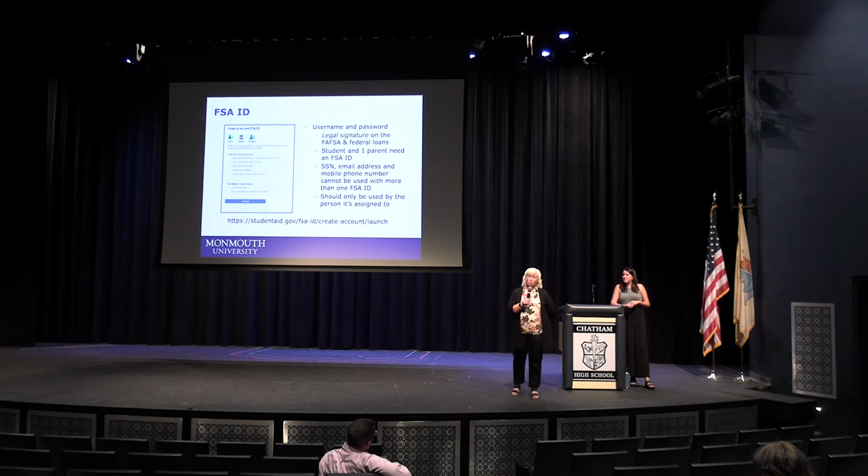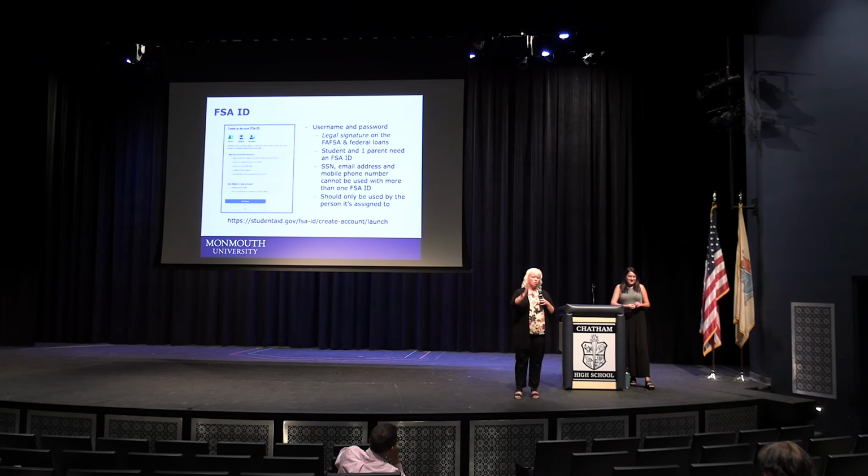Yes, there's a lot of intertwining that can happen. What I would recommend is, for anybody with the FSA ID, whether you already have one, you have one for one child, you need one for the next, be sure that, they always tell you don't write down passwords and things like that. This is something you gotta find a way to keep this all straight, because then you're putting the wrong kid on the wrong thing and whatnot.